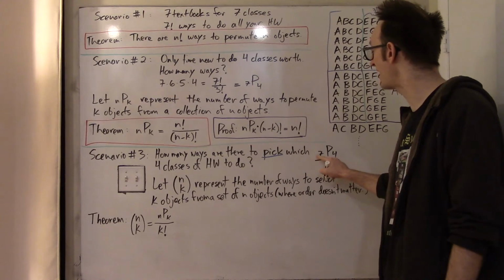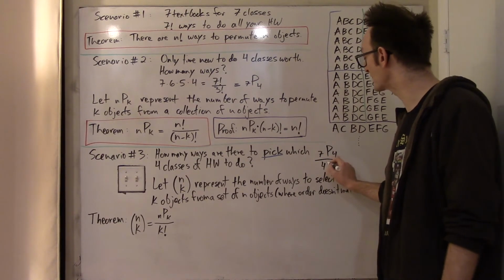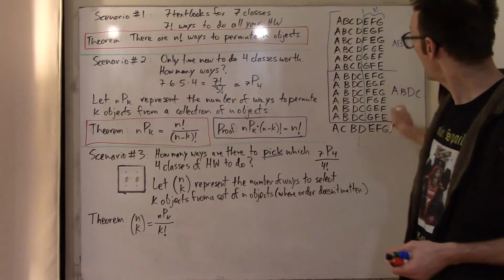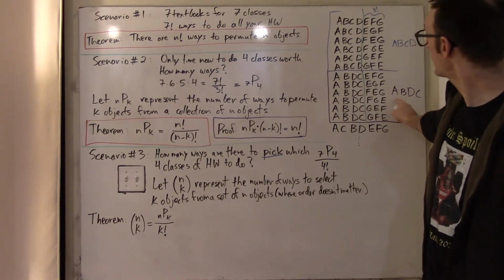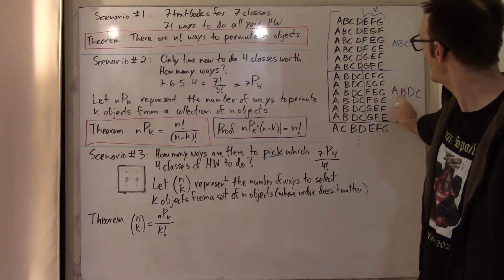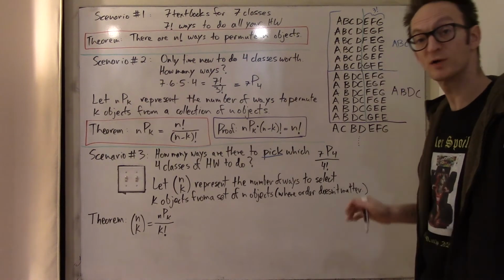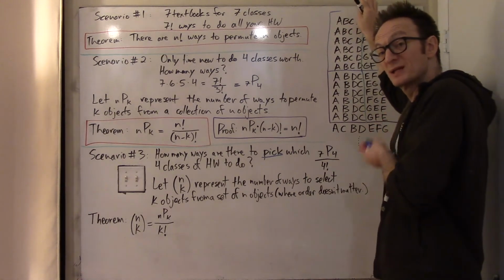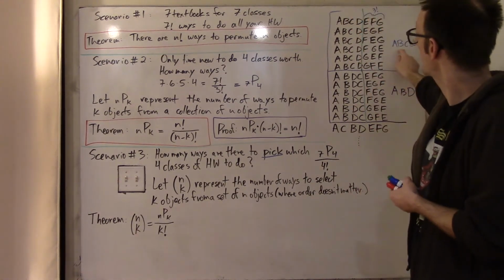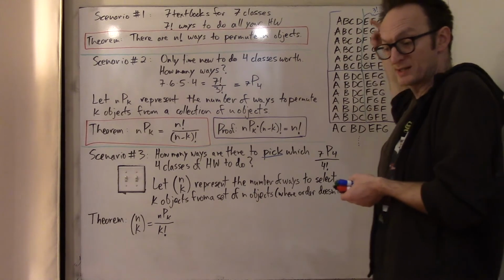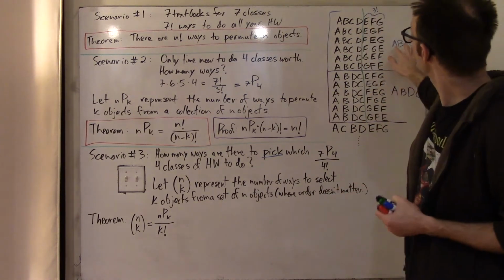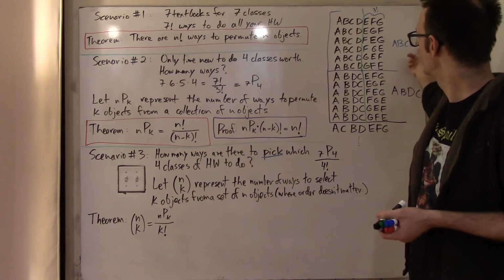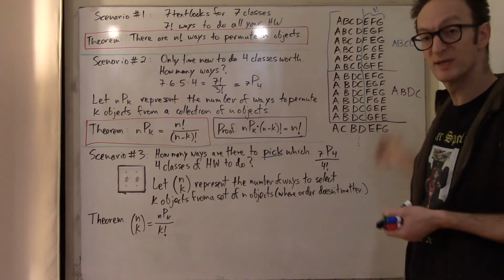I'm now going to divide by 4 factorial, because there are, after all, 4 factorial ways for A, B, D, and C to all swap places. In other words, we have to imagine this list being much, much longer. 4 factorial is 4 times 3 times 2, so that's 24. There are 24 ways to scramble A, B, D, and C: A, B, D, C, D, A, B, D, C, A, C, B, D, etc.